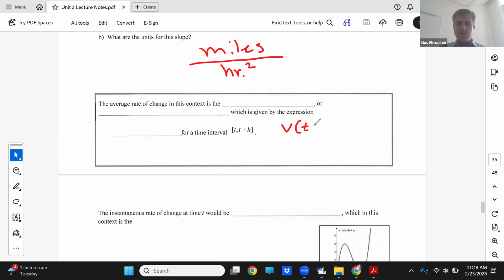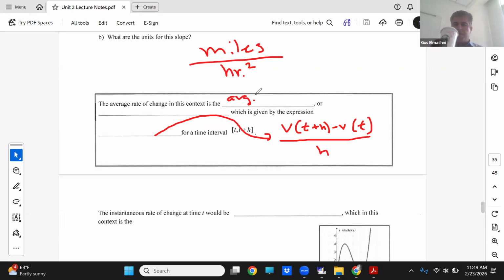V of t plus h minus v of t all over h. And we call that the average velocity. Hold on a sec. I just said that earlier. Average acceleration, my apologies.